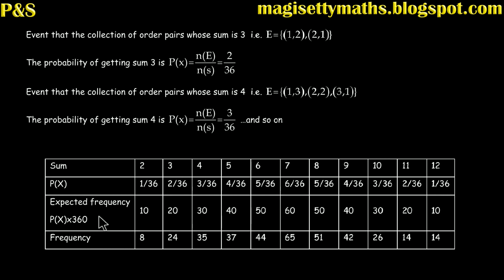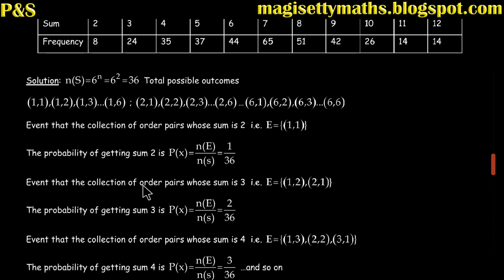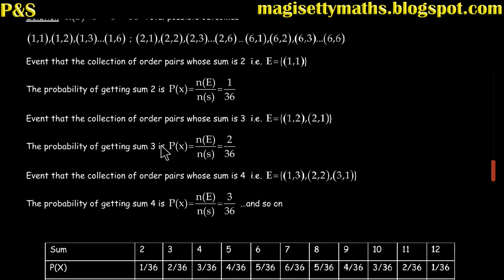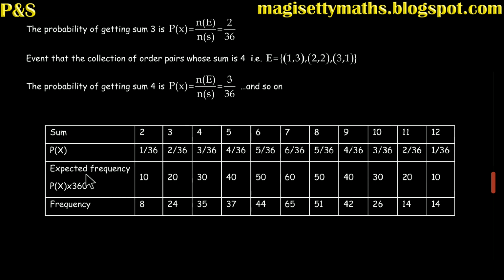Now, expected frequencies. This is the probability of getting sum 2 for one trial. Here we have 360 trials. So for 360 trials, the expected frequency is P of X into 360, that is 1 by 36 into 360, that gives 10.